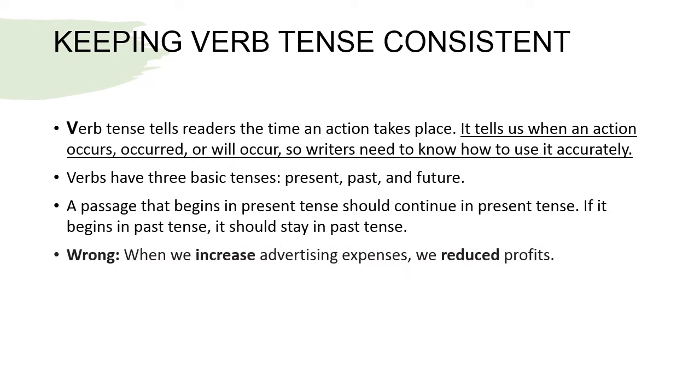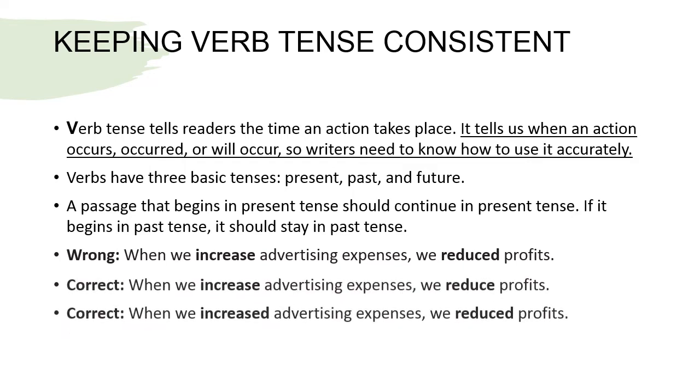Look at this sentence. When we increase advertising expenses, we reduced profits. Now in this sentence, the structure or the formation of it is faulty because the first clause has the verb increase in present tense, whereas the second clause has the verb reduced in the past tense.